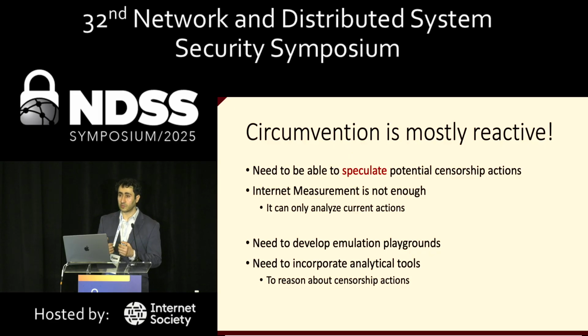We need to build emulation environments that allow us to run arbitrary protocols, arbitrary censorship mechanisms and circumvention mechanisms, and play with them. Even if you're an app developer and you want to roll out your app, before doing that, perhaps you can run it inside that censorship emulator and see what the possibilities are of it getting blocked, and how. We don't have those playgrounds, and I think that's what the community needs to work on.